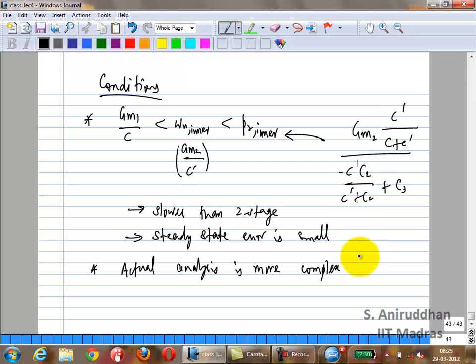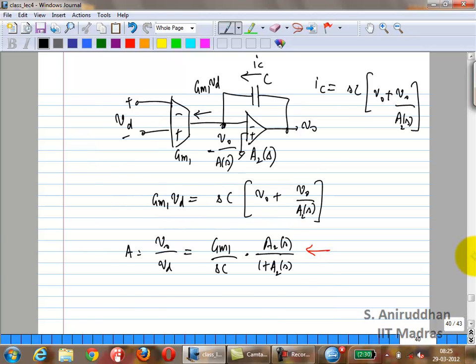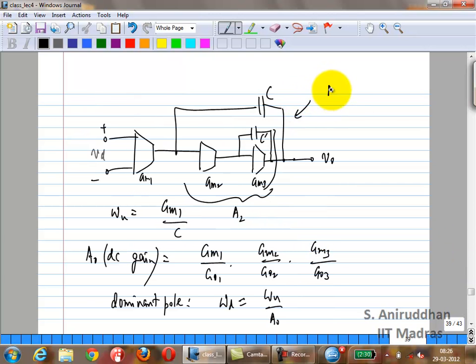It tells you the DC gain, tells you omega u is lesser and so on. But if you really get down to designing this 3-stage op amp, things will be quite complex. So we probably won't deal with the design of 3-stage op amps in this course. This is just to tell you that there are these kind of structures. So this particular structure is called a nested Miller. You basically have one Miller loop nested inside a second Miller loop. That's why it's called the nested Miller.